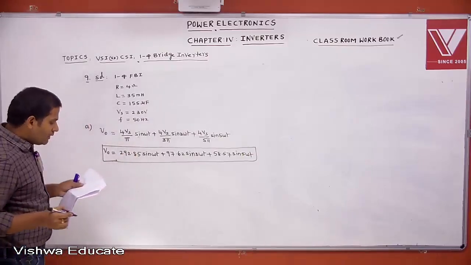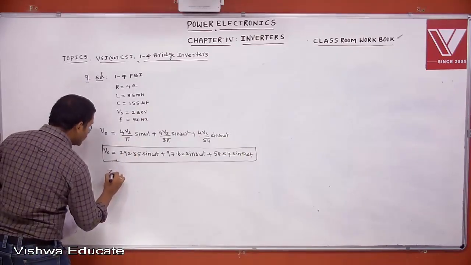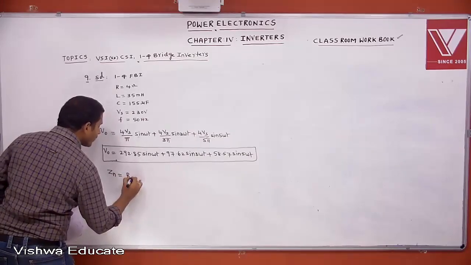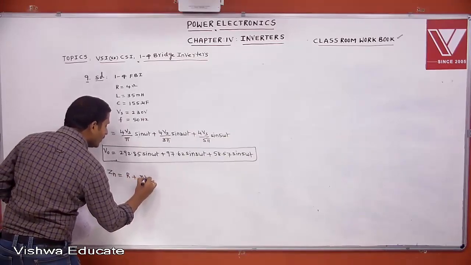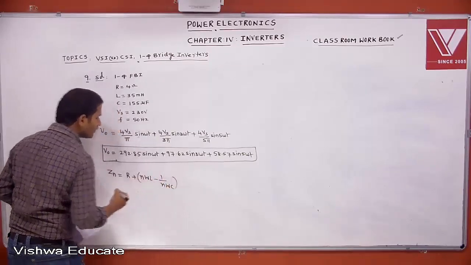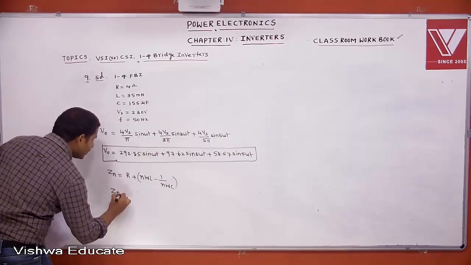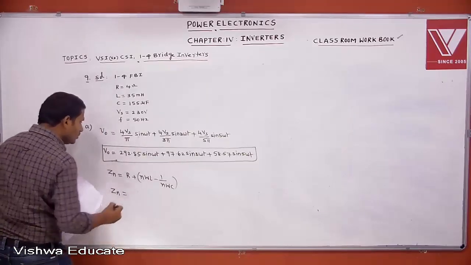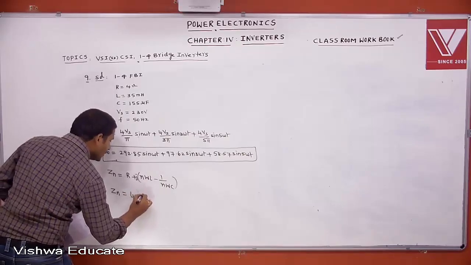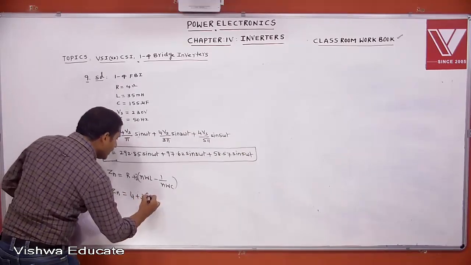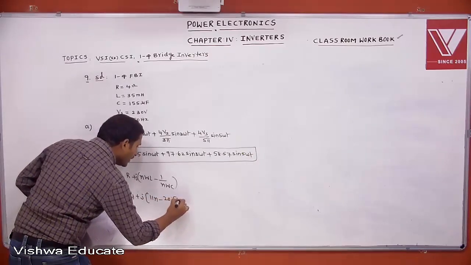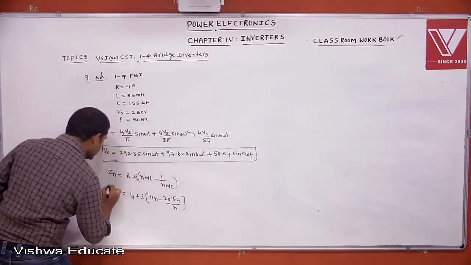Then you tell how to write Zn equal to R plus j into n omega L minus 1 by n omega C. By simplifying this we can get Zn equal to 4 plus j into (11n minus 20.54 by n). By substituting all these values we get Zn.